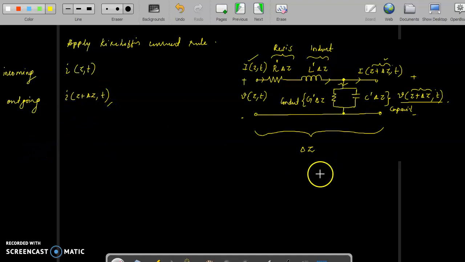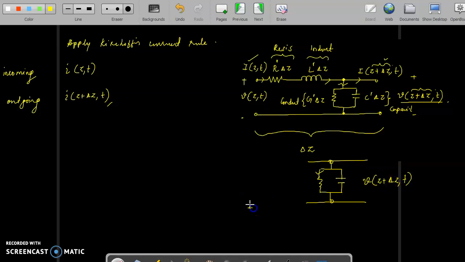If you take this resistance and capacitance network, this is the current across which voltage is there. That voltage is V(z+Δz,t).